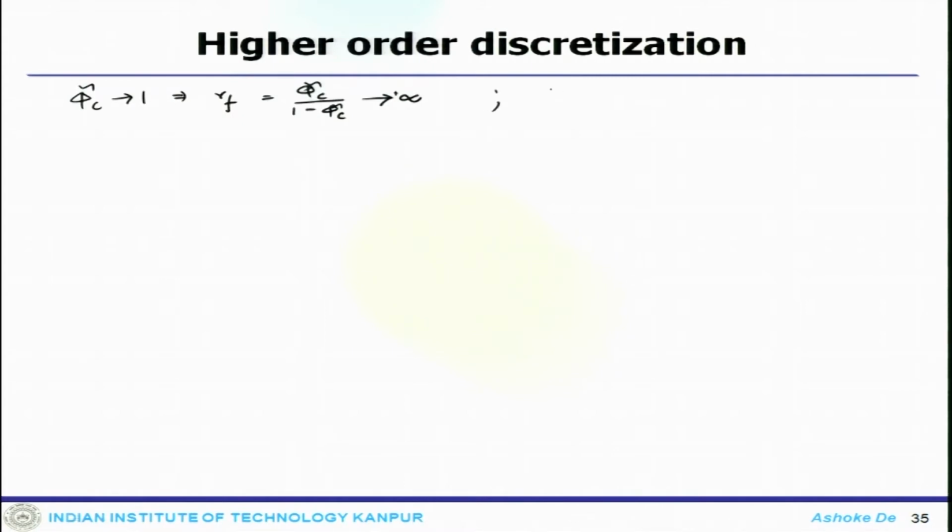Now, further you have this TVD CBC condition, which is psi RF less than or equal to 2.